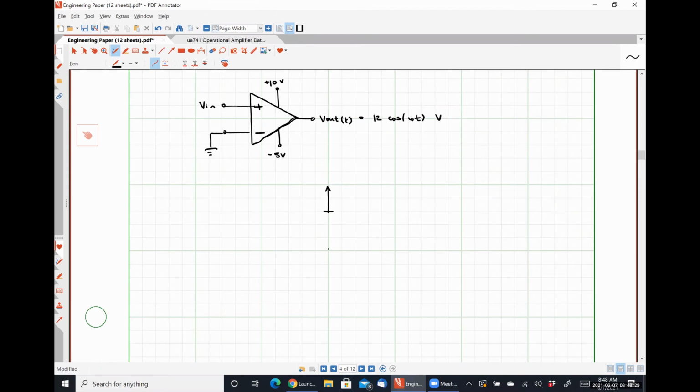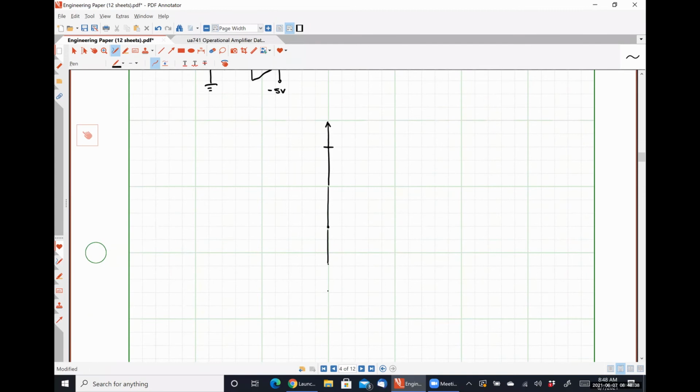So if we were plotting our output voltage as a function of time, trying to draw this to scale as best I can. So this is time measured in seconds. This is Vout measured in volts.